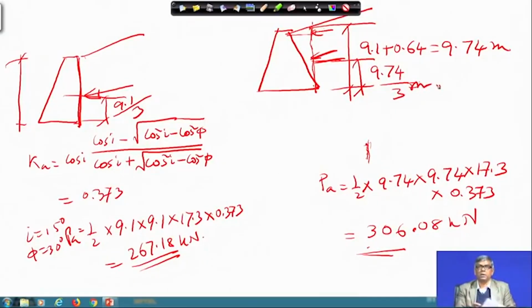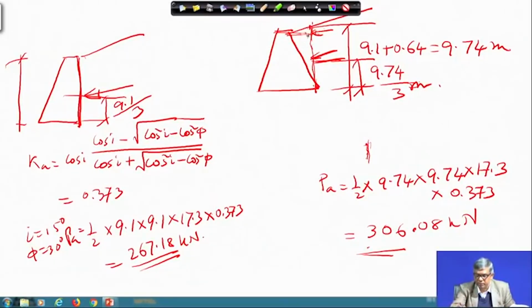So, that means by Rankine's theory, if the wall back is sloped like this, what you have to do is, from the edge, draw a vertical line to intersect the sloping surface, and then above the top of the wall, take this additional height. This additional height can be calculated geometrically.